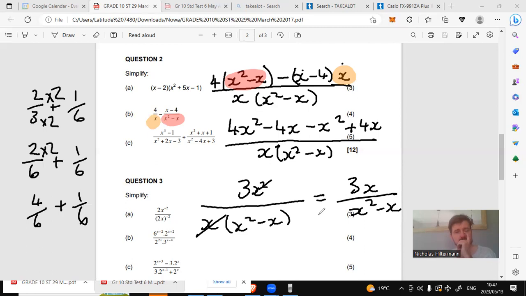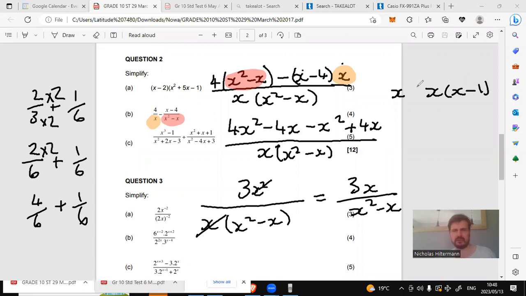Okay. There was a slightly quicker way of doing it, which was to see that x squared minus x actually factorizes to x times x minus 1.